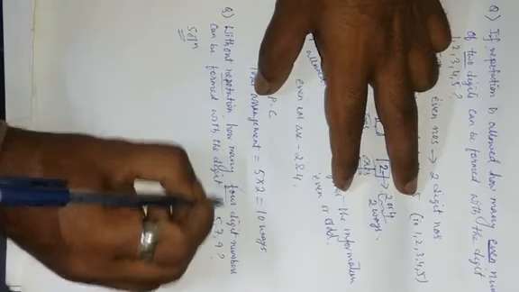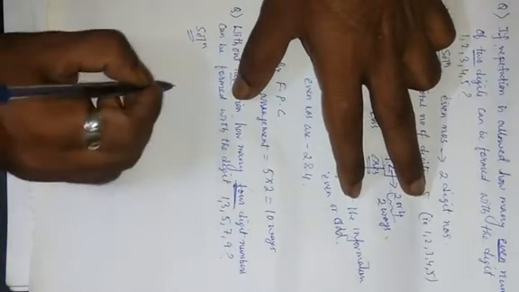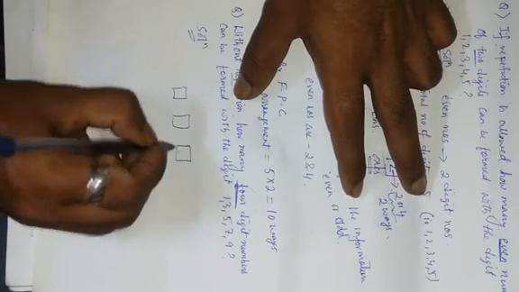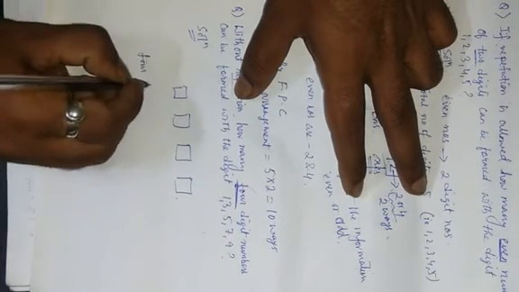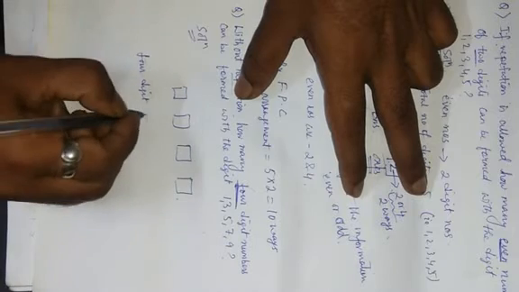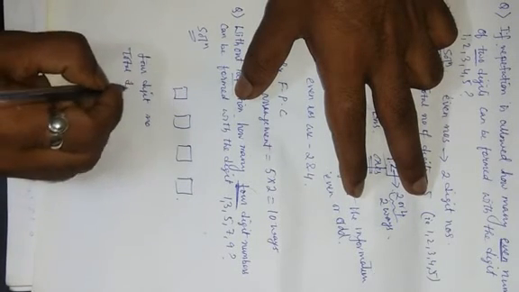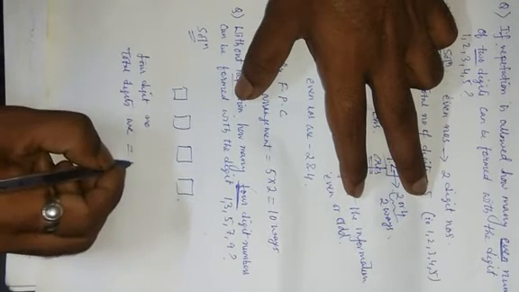So how many digits do we have to make? We have to make 4-digit numbers. So let me make 4 boxes. And our total digits are 5.